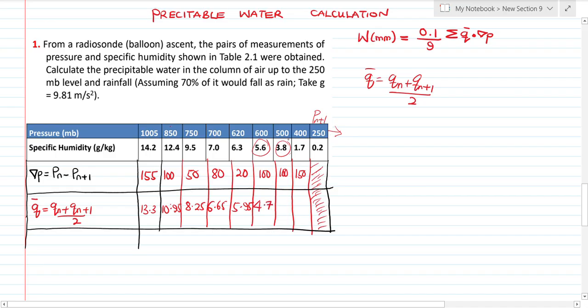Then we come to 3.8 and 1.7. So 3.8 and 1.7, that's 2.75.